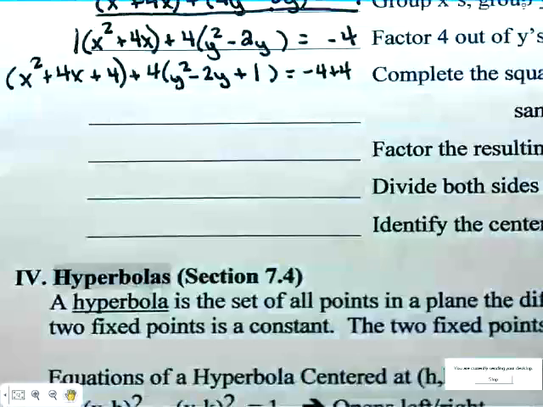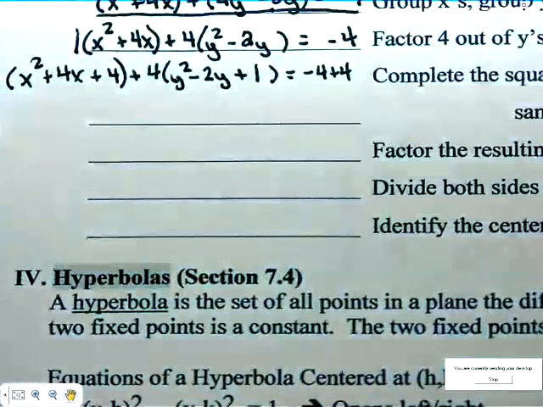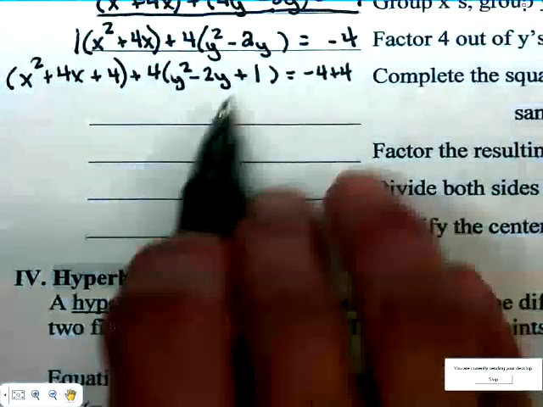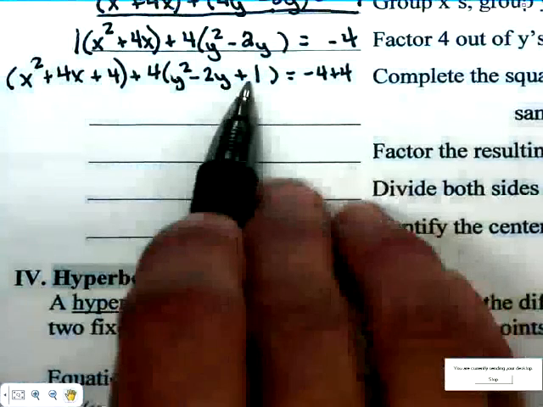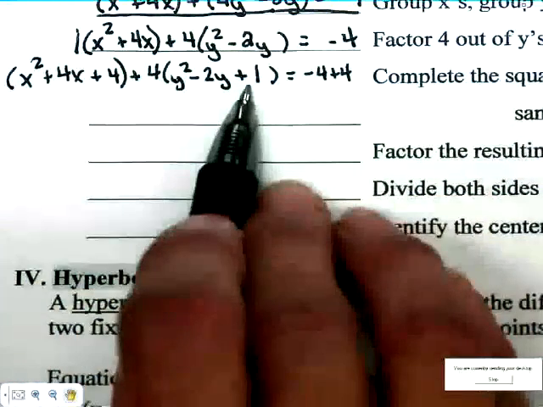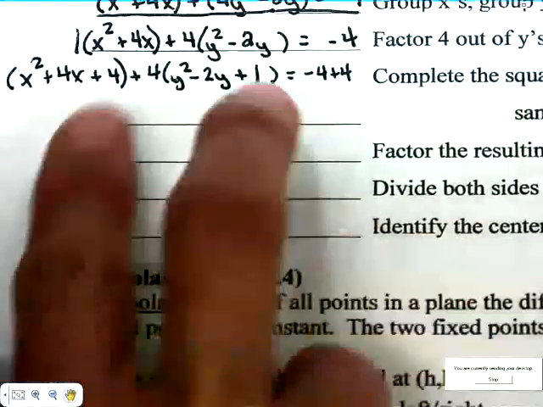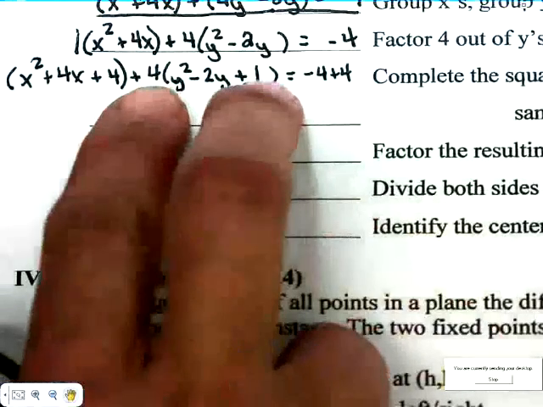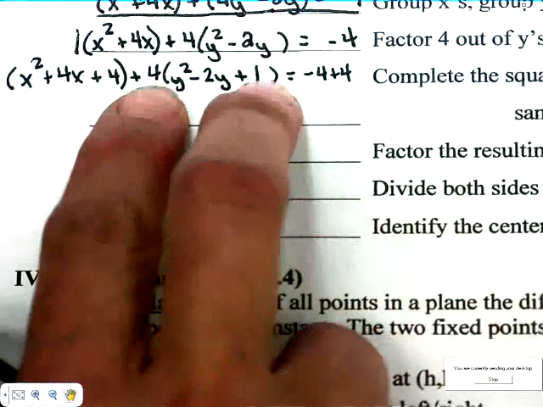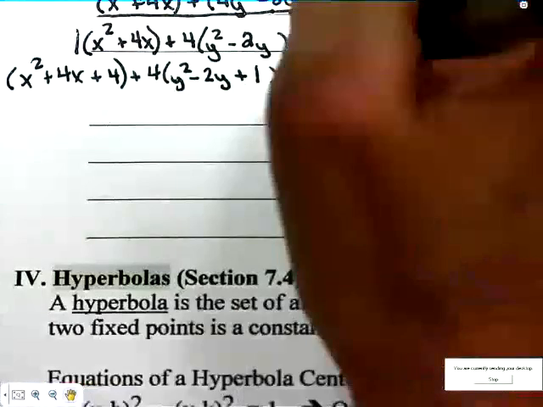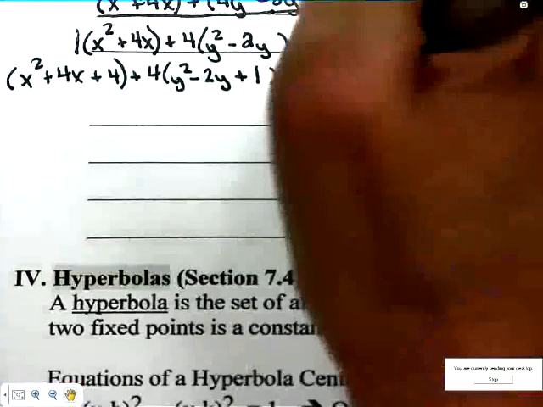But I didn't really add 1 to the left. I added 1 inside the parentheses, but everything inside the parentheses is multiplied by 4. So I really didn't add 1 to the left. I added 4 to the left. That's why I have to add 4 to the right. You really have to watch out for that.